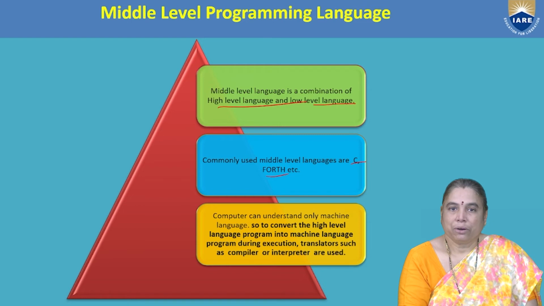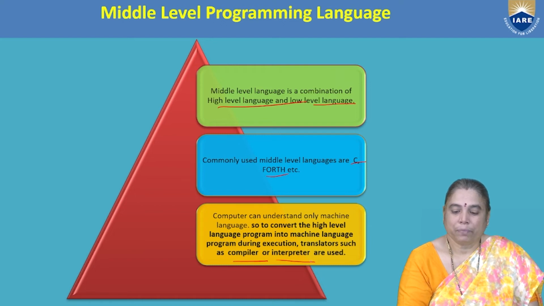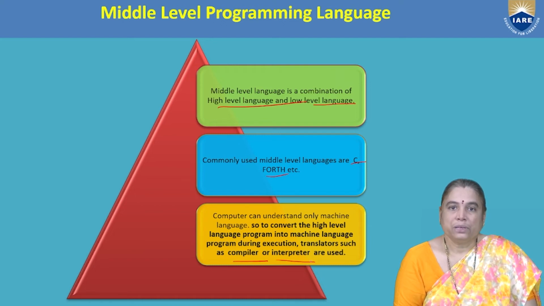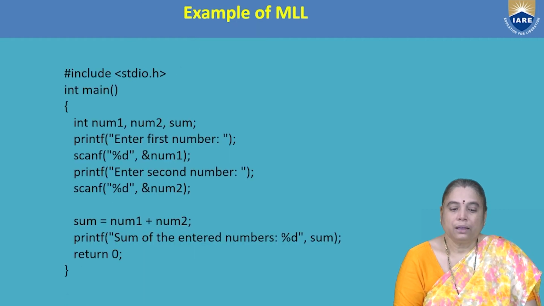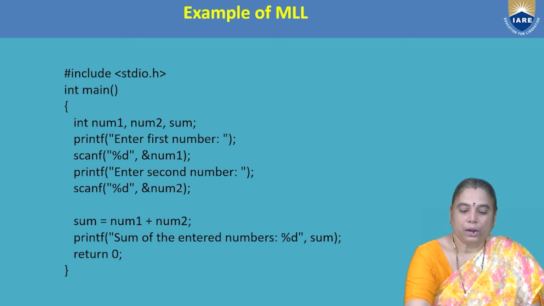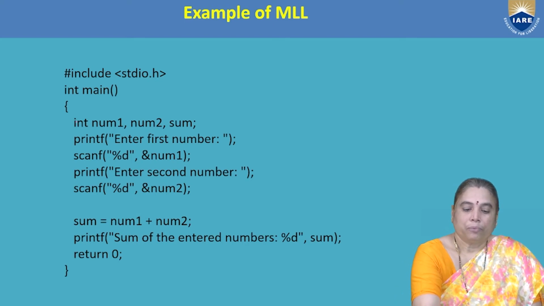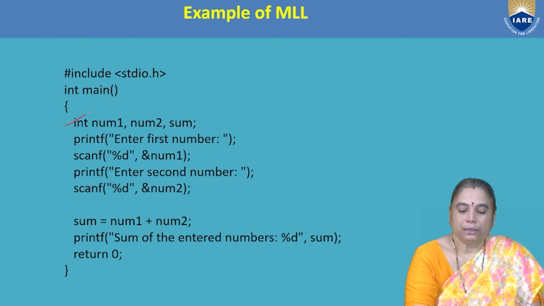The computer can understand only machine language, so a conversion is needed here. Either a compiler or an interpreter can be used to convert these middle level language programs into machine code. As an example of middle level language, you can write code like this for adding two numbers.